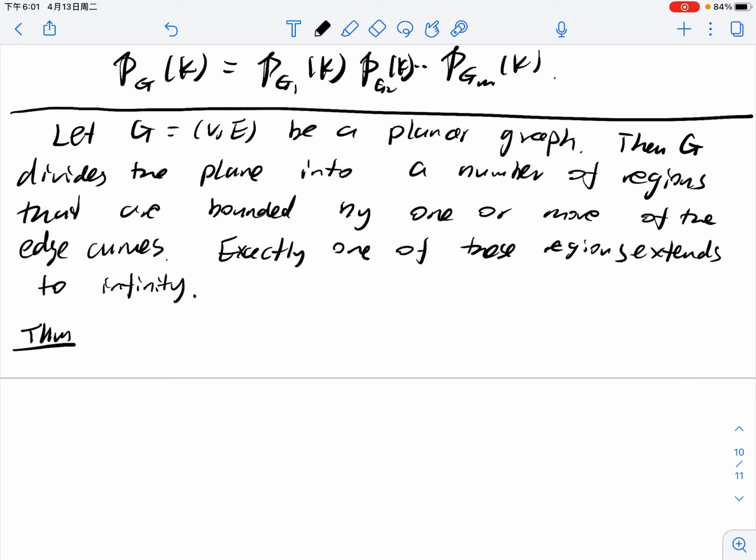And one of the most important formulas is Euler's formula.